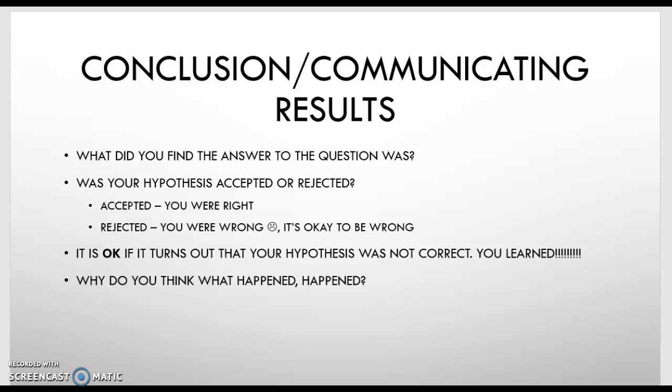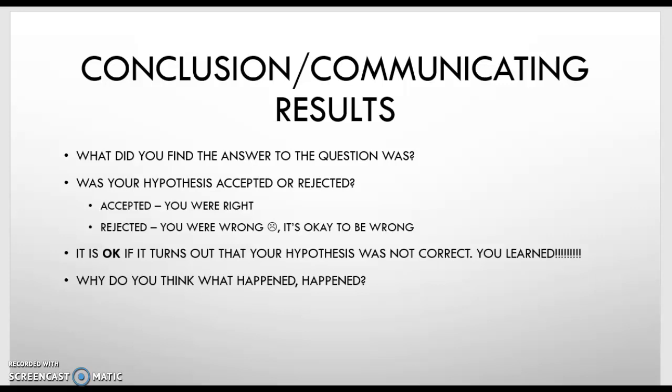So one of the second pieces of writing our conclusion and drawing conclusions is we talk about our hypothesis and whether we accept it or reject it. Were we right or were we wrong? Right? And the last part here, why do you think what happened happened? So you did your experiment and you saw some things.